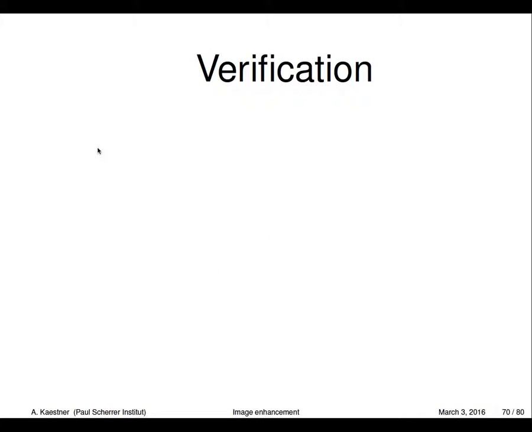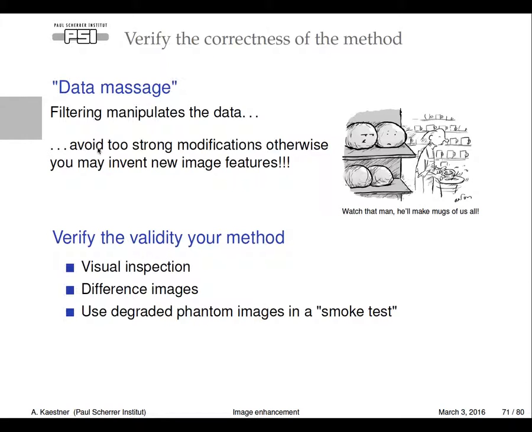The last part is about verification. When you do experiments or process the data, it's important to know that you actually do the right thing. And therefore we need to verify how correct it is performing. My boss coined the phrase data massage.